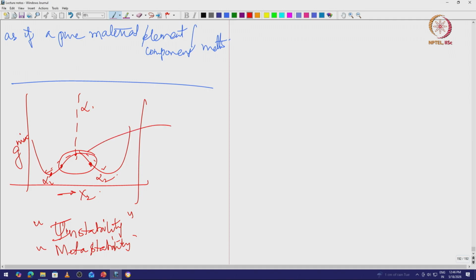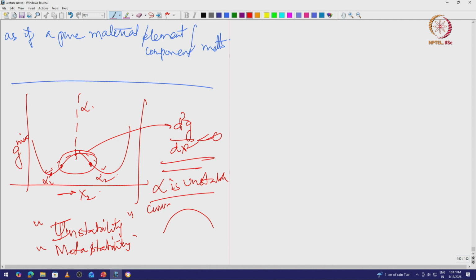So, in this region where d square G by dx square is less than 0, alpha is unstable. So, the free energy curve curves upward, so the curvature is negative. So, it spontaneously decomposes as we have studied earlier.